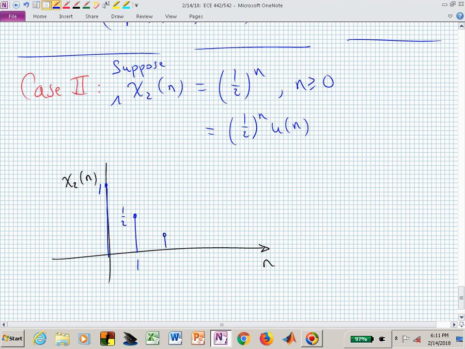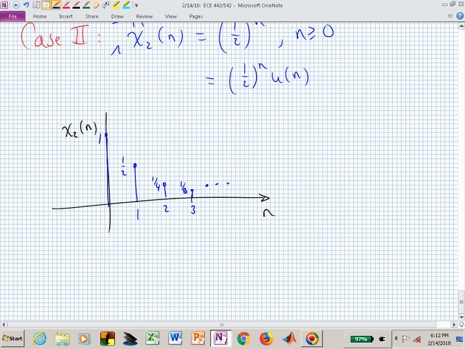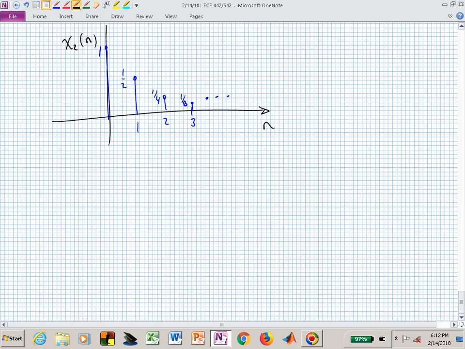Then we're down to 1/4, etc. So this is an exponentially decaying sequence. It's well behaved, it's bounded. Let's find its z-transform and its corresponding region of convergence.